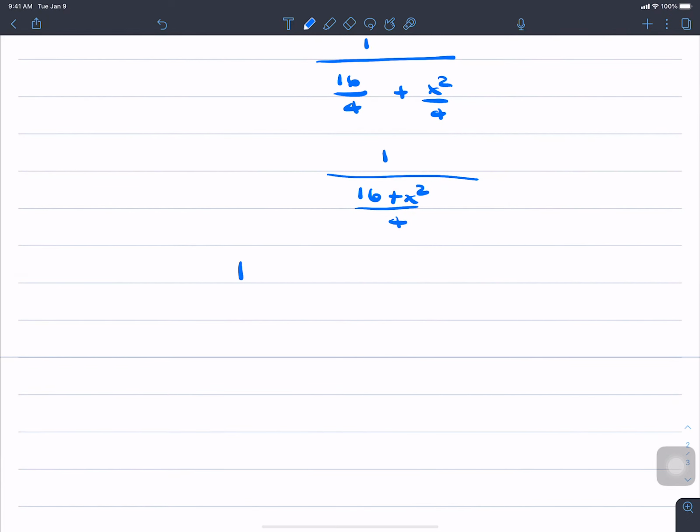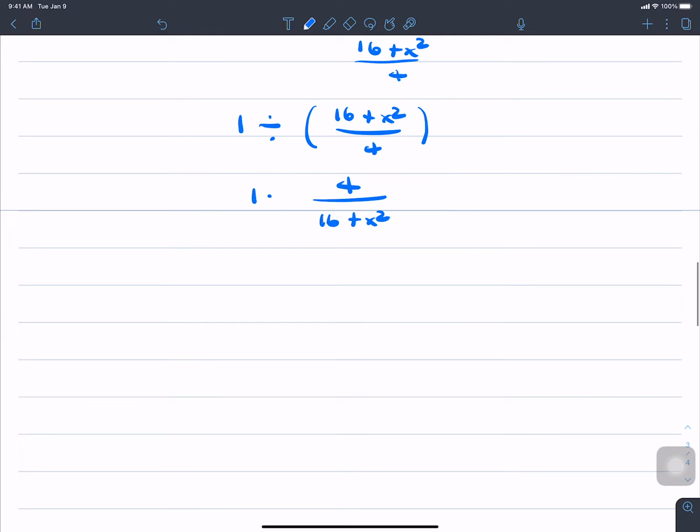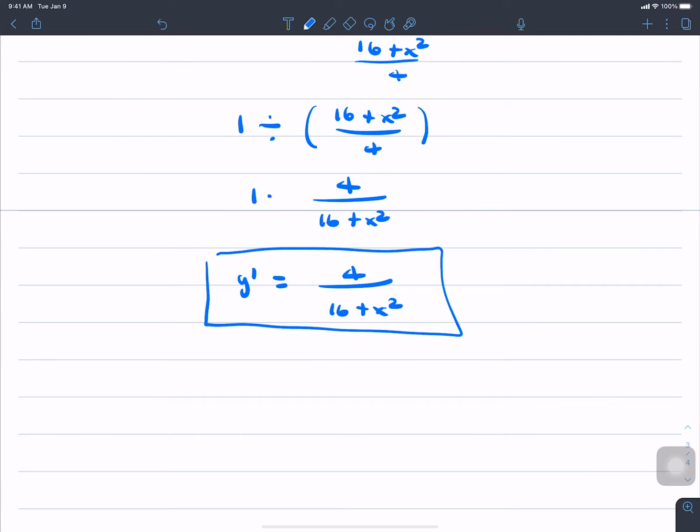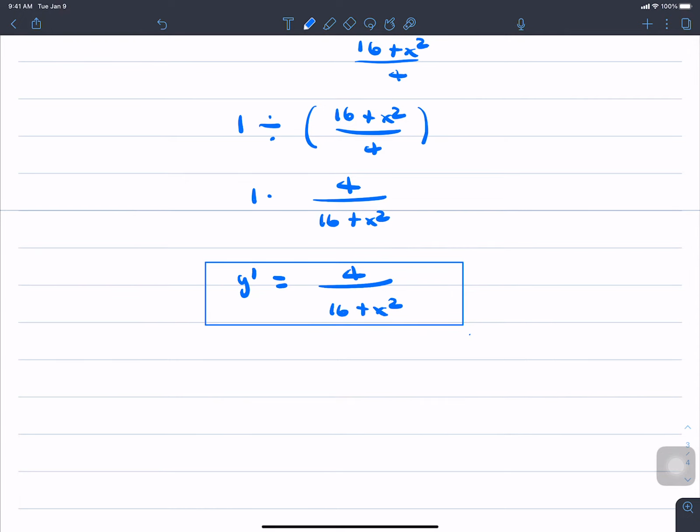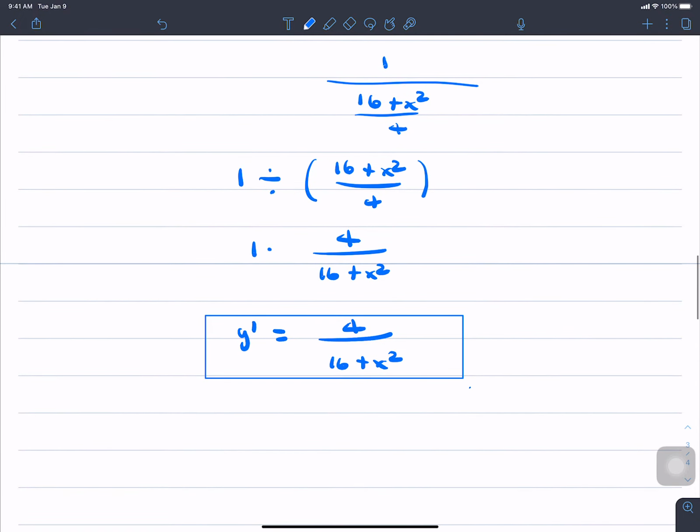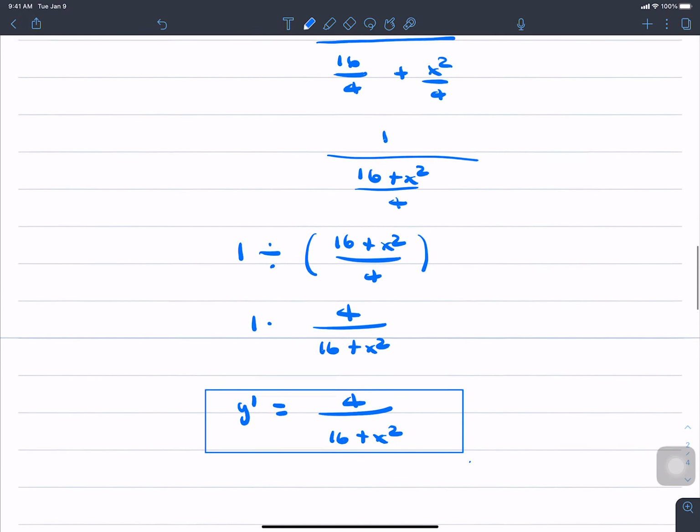Now remember, 1 divided by 16 plus x squared over 4 is the same as 1 times 4 over 16 plus x squared, which gives you 4 over 16 plus x squared. So we're going to do the algebra here so we get a nice rational function.